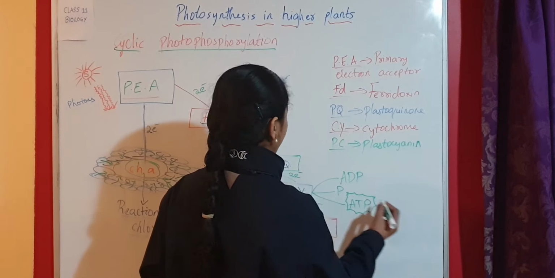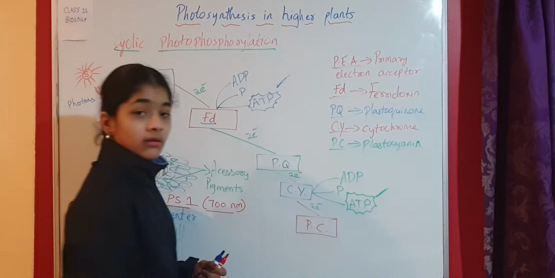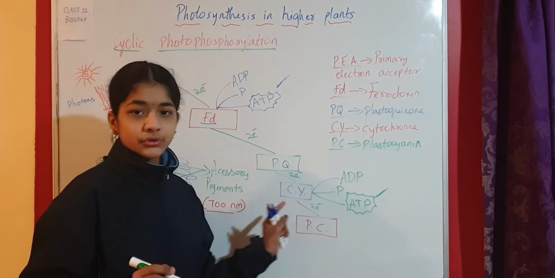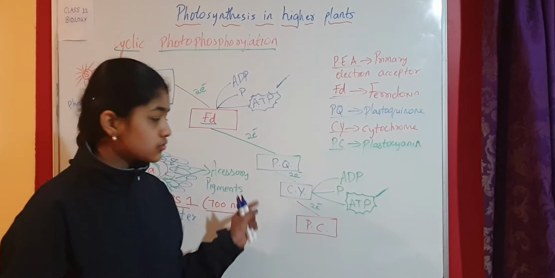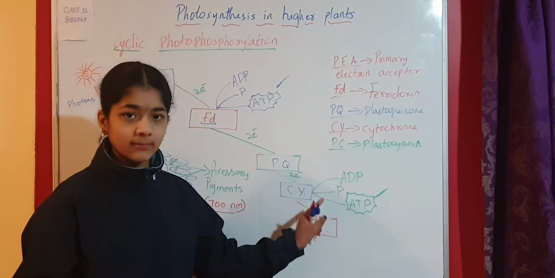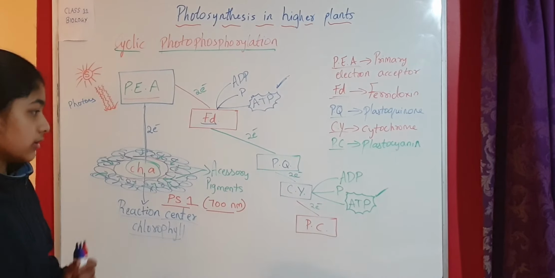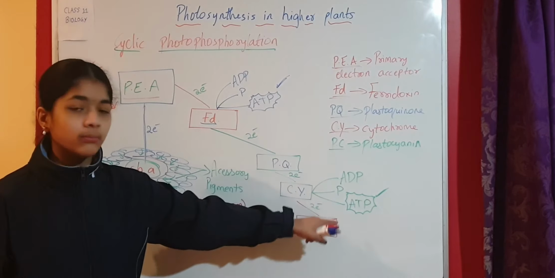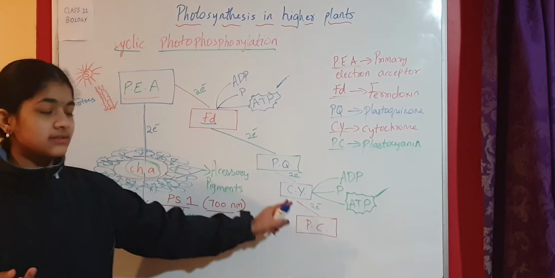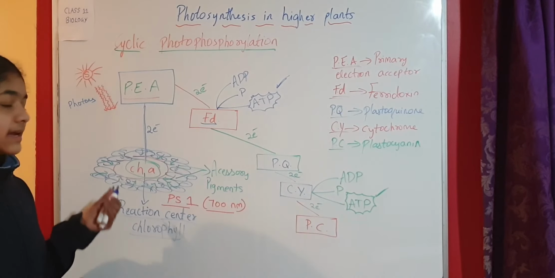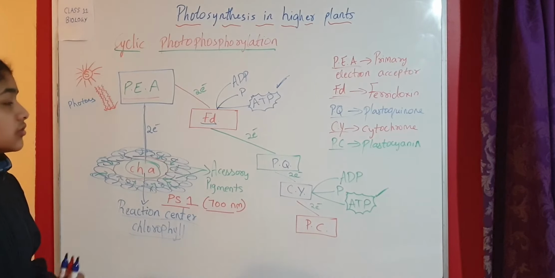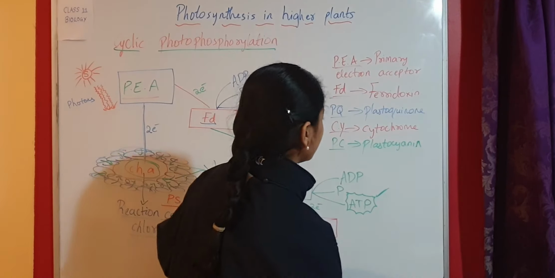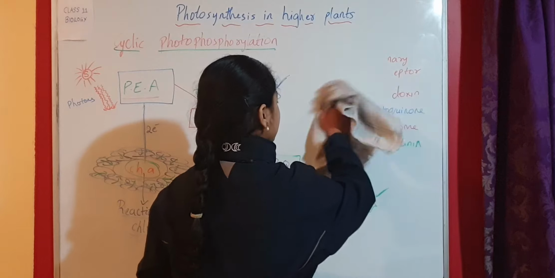So ATP is getting synthesized two times here: one when it is going through ferredoxin, two when it is going through cytochrome. The extra energy is used to combine ADP and inorganic phosphate. So ATP is synthesized two times here in cyclic photophosphorylation. Some important things that we need to remember. So I'm going to erase this thing here.